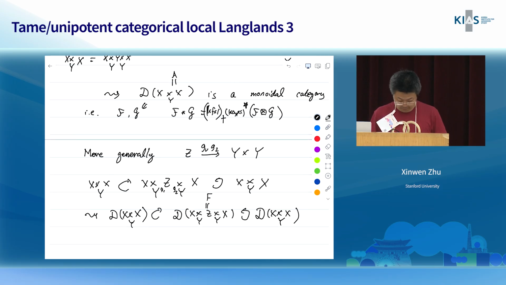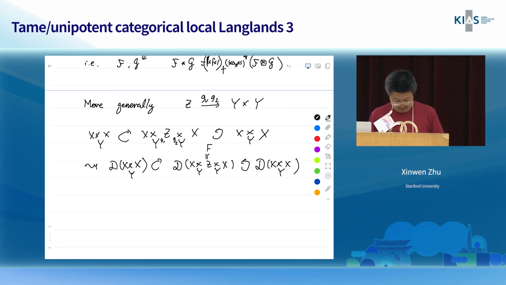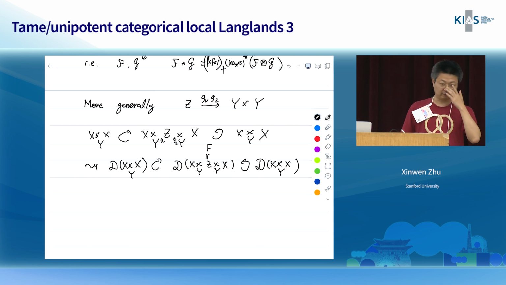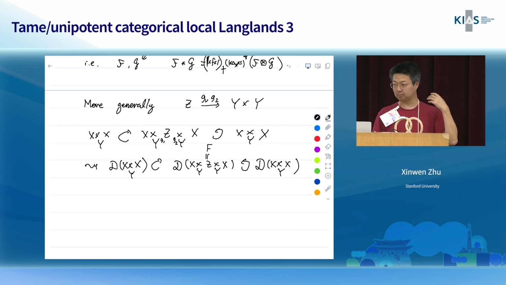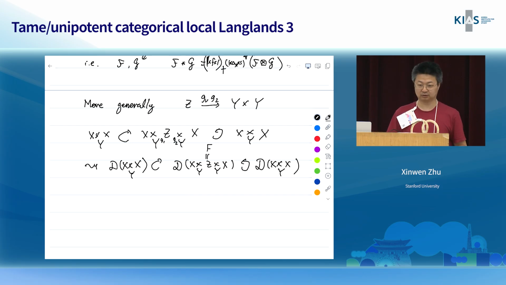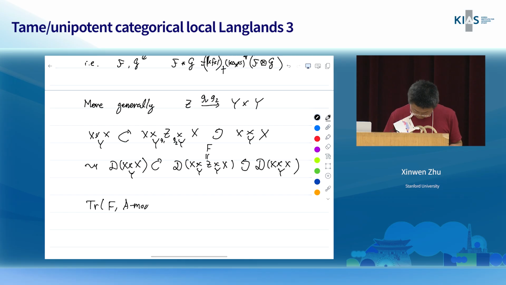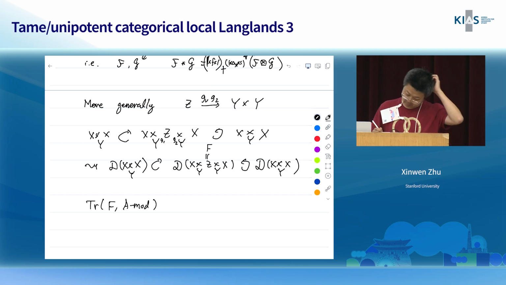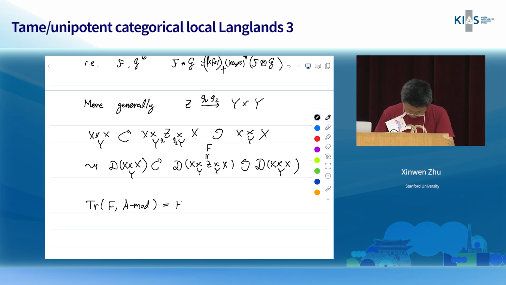Right. Okay. So now we have this structure. I think this was explained by Arnold last week. We can think of the bimodule as an endomorphism of A in a certain Morita 2-category, and you can take its trace. Explicitly, it's given by some Hochschild homology. So you can take the trace of F, as an A-module, in a certain Morita 2-category.